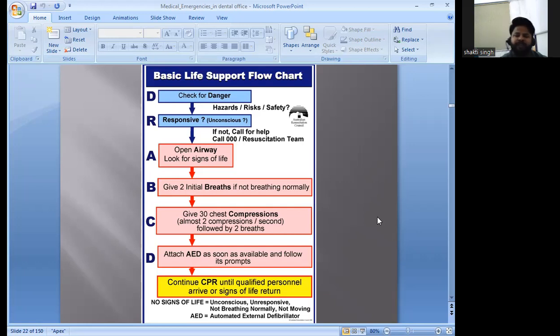So you have to keep giving CPR till the patient attains consciousness or becomes a bit responsive, or till the qualified personnel arrive. This is how basic life support should be done, and this is how you can manage the emergency till the qualified personnel arrive.